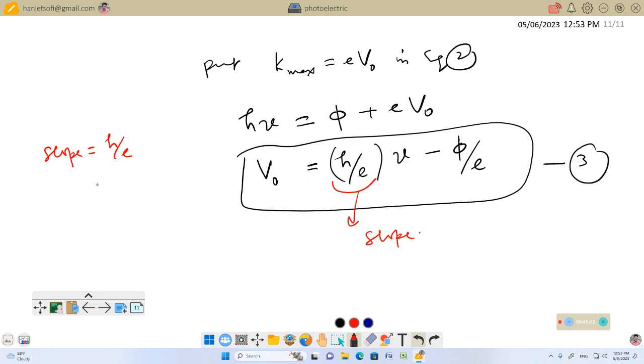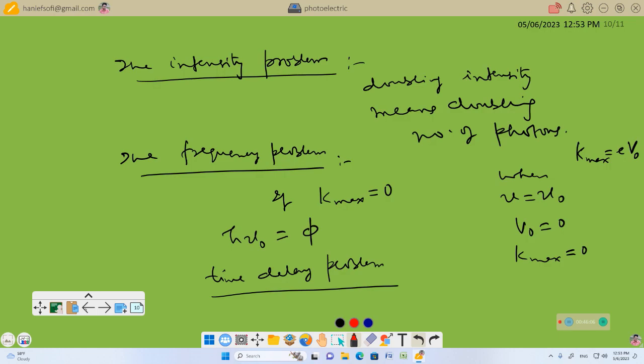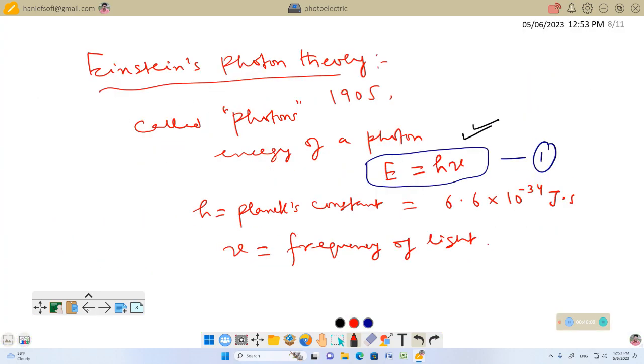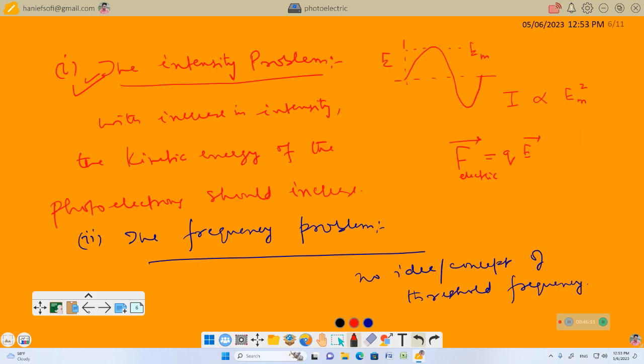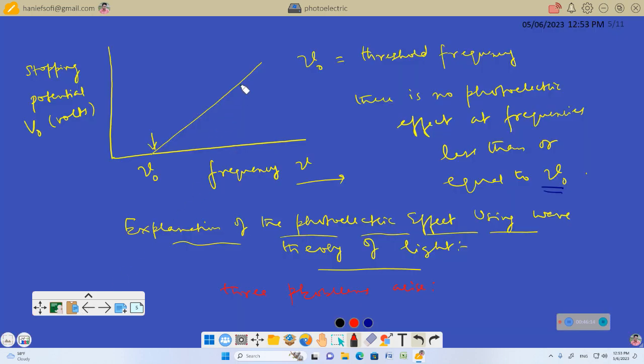So that means if you take the slope from the experimental curve, and you multiply that by the charge on the electron, what should you get? Planck's constant. The value of Planck's constant. That was done. The slope of the experimental curve, tan theta, was taken, and that was multiplied by the charge on the electron.